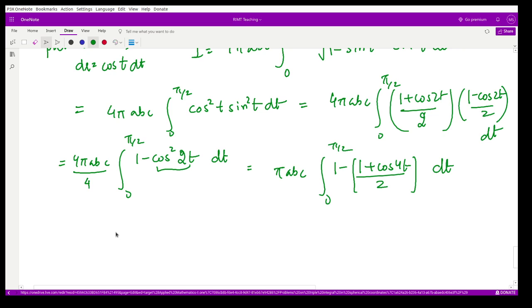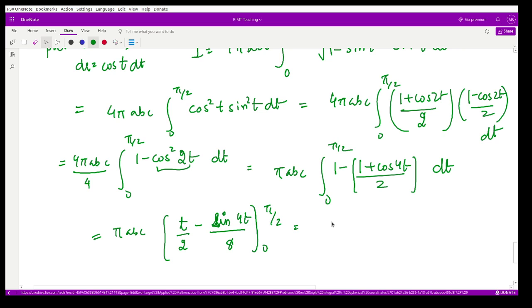And the integration with respect to t. So this is equal to pi ABC. Here it would be equal to t minus, so actually this would be 1 minus 1 by 2, so that is 1 by 2. So we have t by 2, and then minus of cos 4t by 2. Its integration is sine 4t by 8, and the limits of integration from 0 to pi by 2.